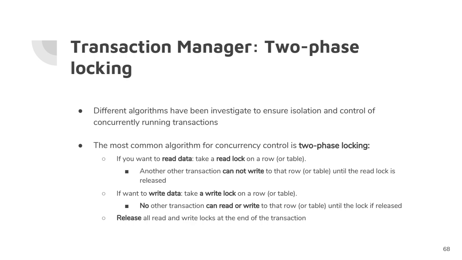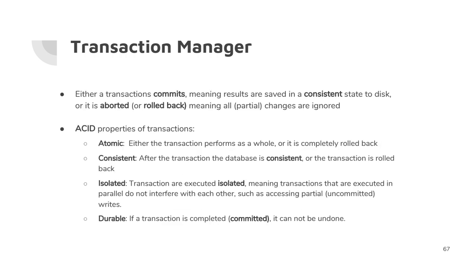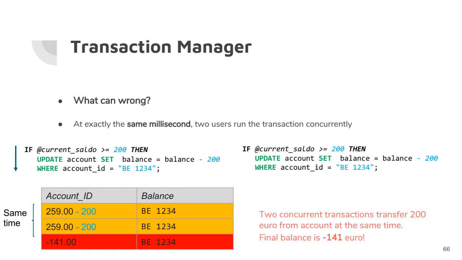So it's like a physical lock. If you have two transactions that update the balance, the first check passes in both, because they both read the current balance, so that's allowed. But then if the first transaction tries to write to the balance, other transactions that are running at the same time cannot access that data anymore.